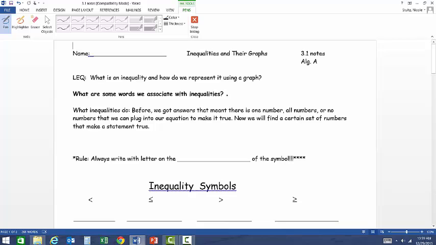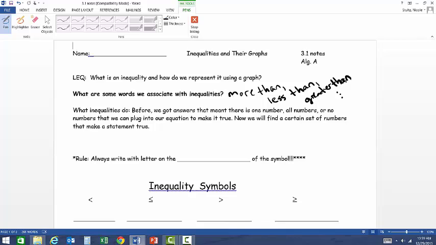Such words could be more than, less than, greater than, and so on. These words all mean not equal because they don't say is or is the same as. They don't use those words. So we're going to talk about how to work with problems like that.